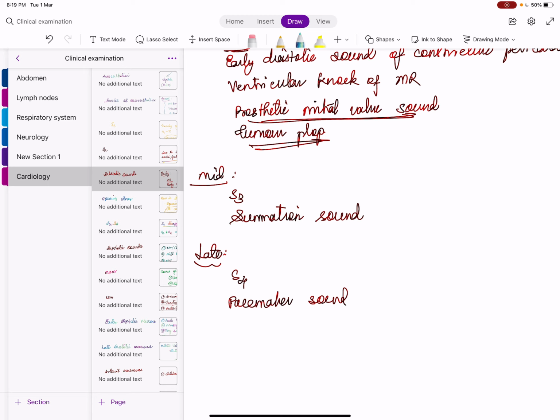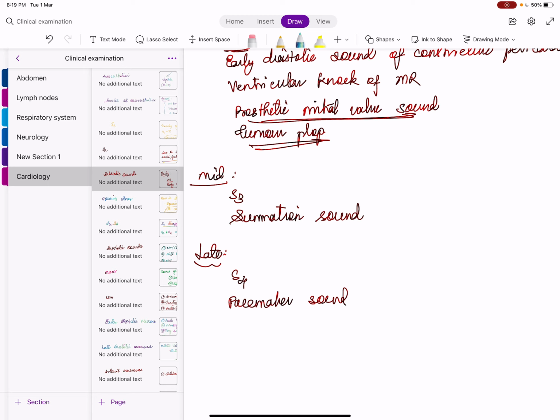Only time systole: any murmur or sound which comes after S1 and before S2 will be systolic. Finding S2 is very difficult because we cannot time it, as there is no event to describe S2. So any sound or murmur which comes just before S1 will be diastolic. You may ask, after S2 will be before S1, so will there be any difference?